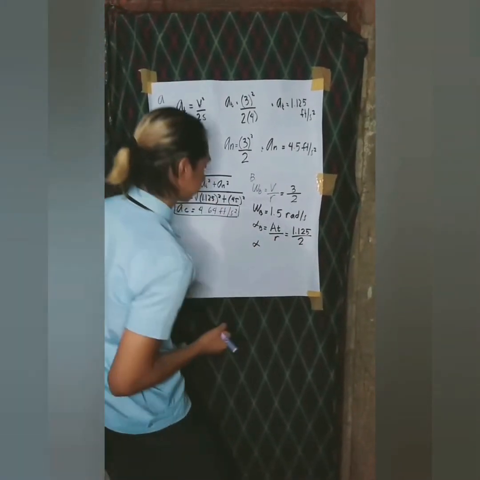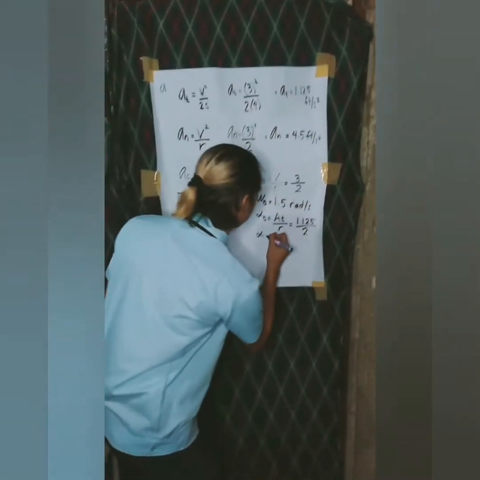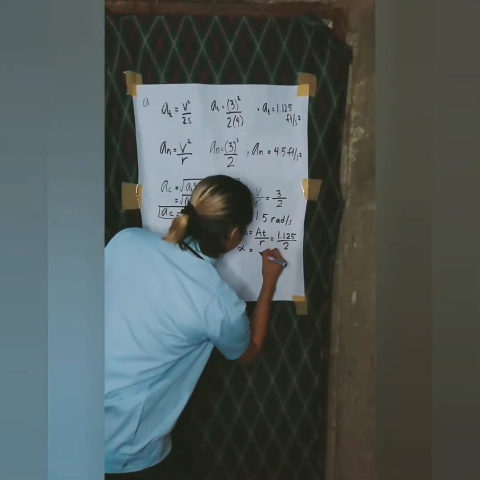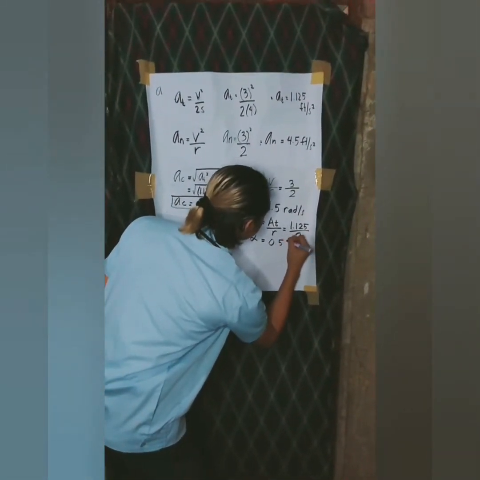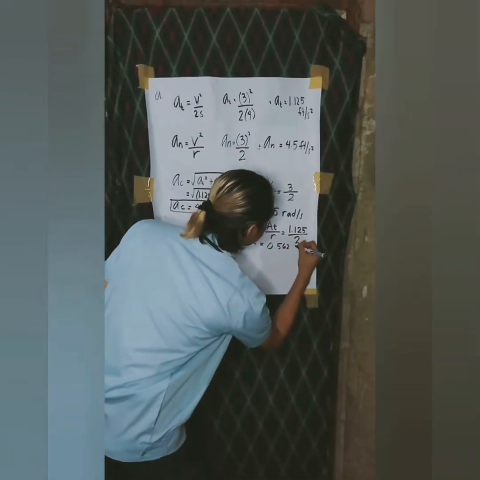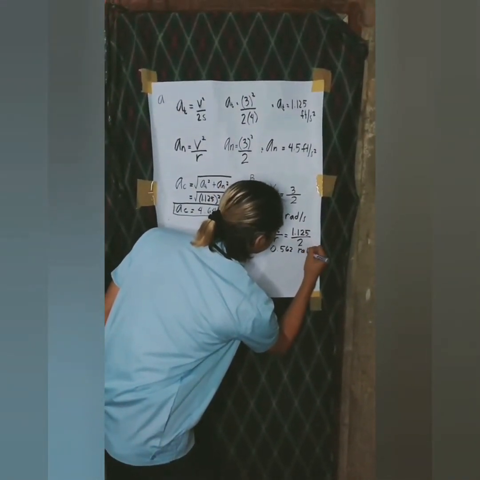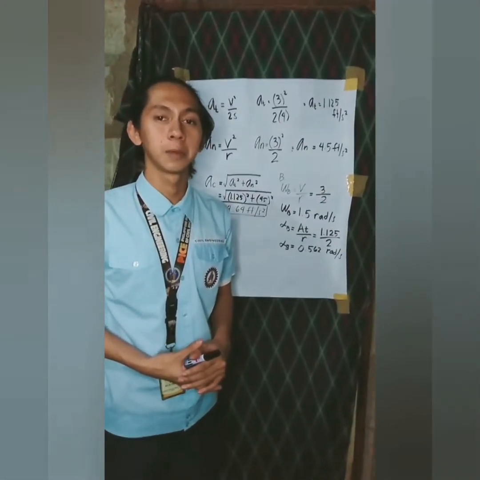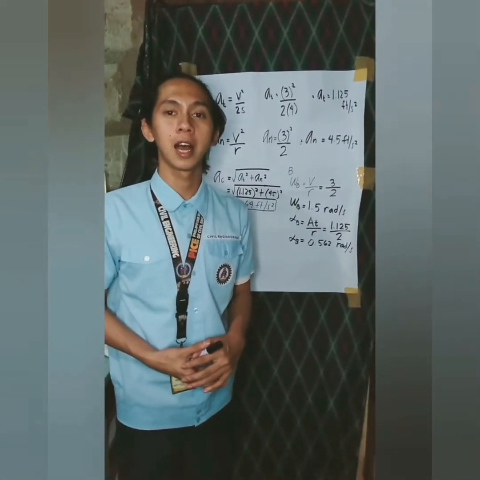So our angular acceleration is equal to 0.562 rad per second squared. That's not the final answer, because the one we are looking for is the angular motion of point A.